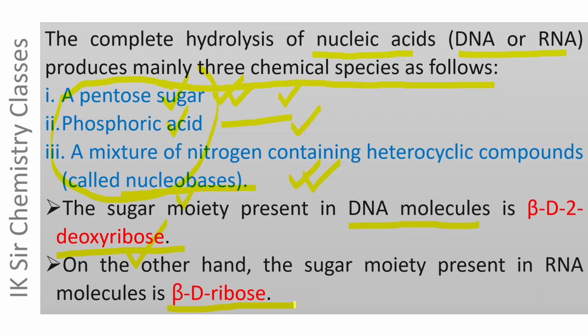Let us see now the structures of beta D-2-deoxyribose and beta D-ribose, which are pentose sugars and are present in nucleic acids.